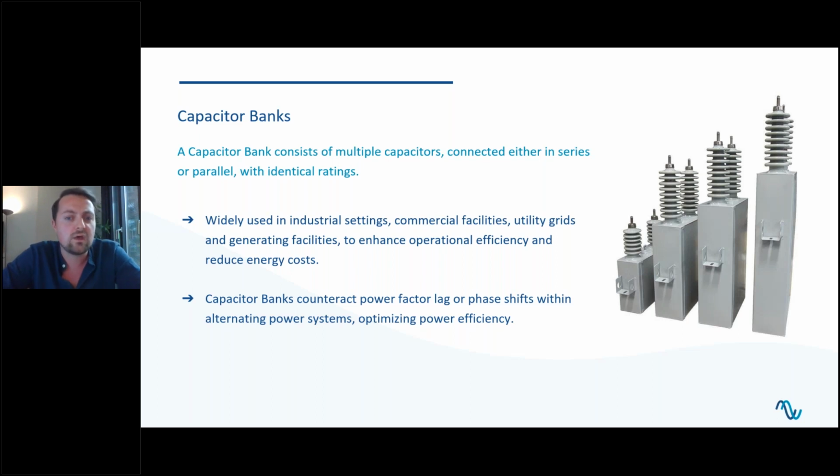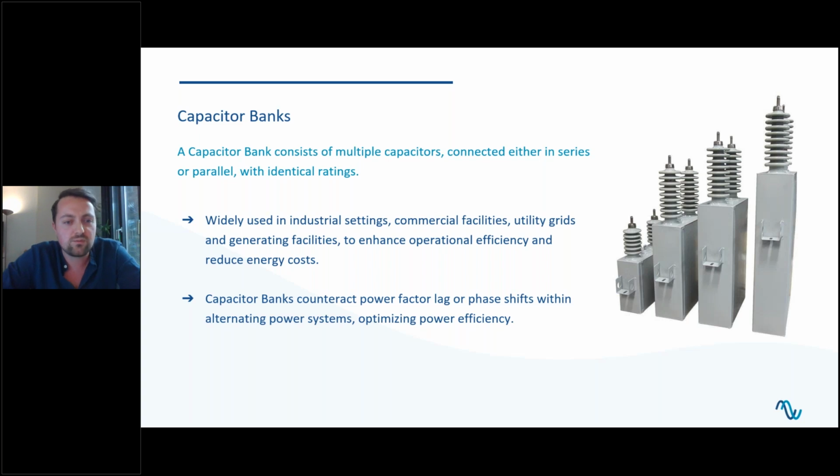to the grid. Capacitor banks are devices that are used in different settings: in industrial ones, for example, to compensate for the inductive load of motors, in commercial facilities, in utility grids, and in generating facilities. They are used to enhance operational efficiency and to reduce energy costs.